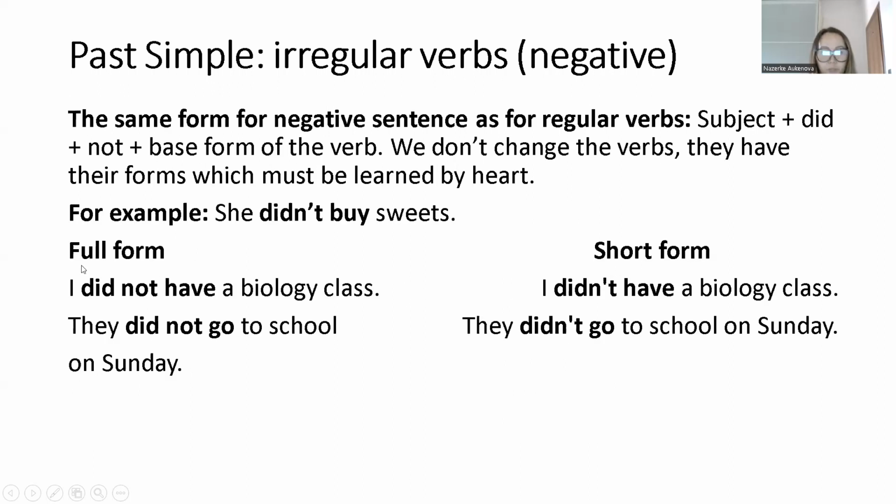This is the full form actually. We write like this: I did not have a biology class, in the full form, but in the short form you have to write: I didn't have a biology class. They did not go to school on Sunday, and they didn't go to school on Sunday.